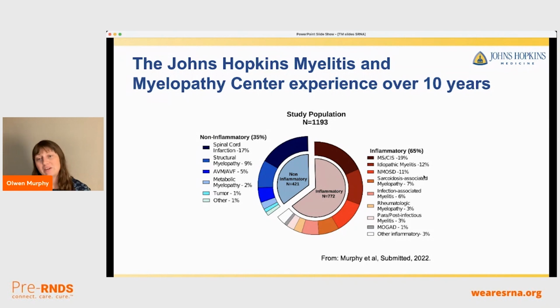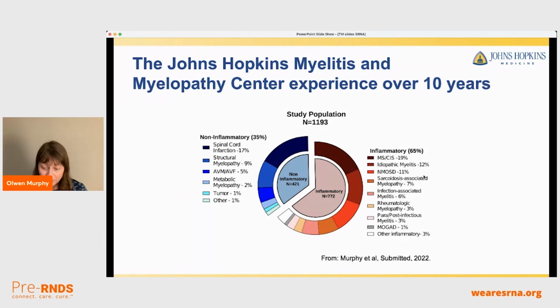We did find that around two-thirds of patients did have an inflammatory disorder, but in fact, many of these patients actually had multiple sclerosis, which should be easier to diagnose than some of the rarer things. When we delved down into things, we looked at things like neuromyelitis optica, sarcoidosis, acute flaccid myelitis.